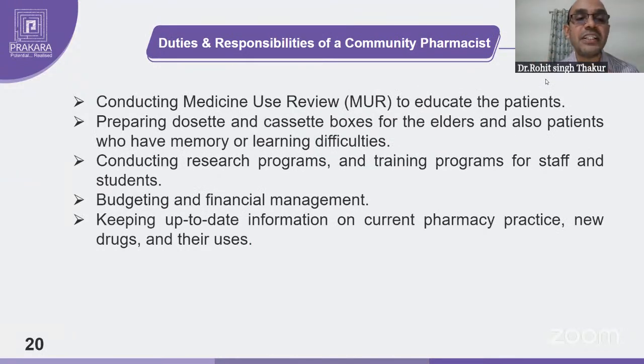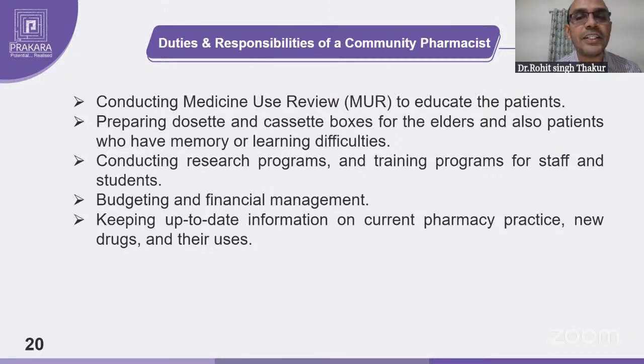pharmacist. Very well, it is also said that you should have a sound responsibility of preparing appropriate dosage and cassette boxes, where you might have seen in the stores of a pharmacy, different boxes of drugs are incorporated.